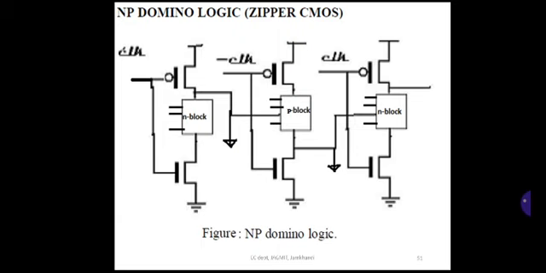As you can observe carefully in the figure, the P logic block is included at the second stage. Clock bar is applied to the P transistor and clock is applied to the N transistor. So the second stage is precharged low here.